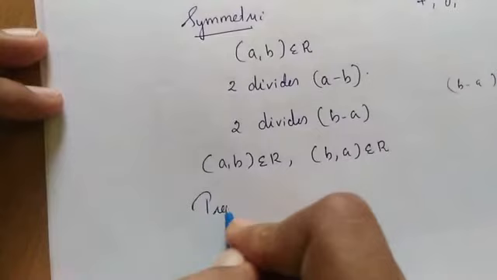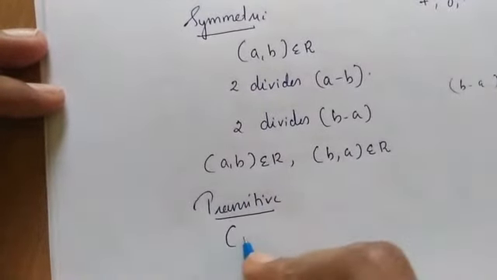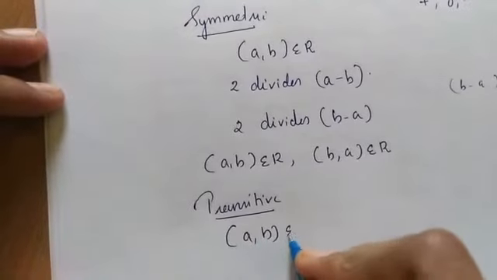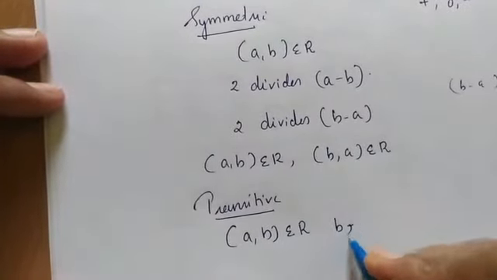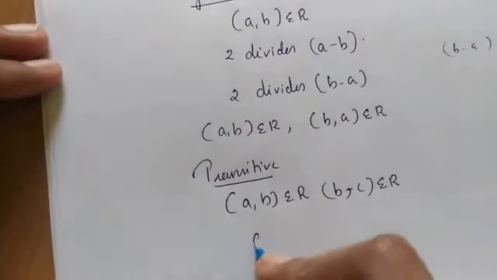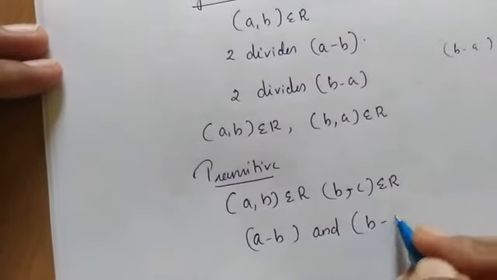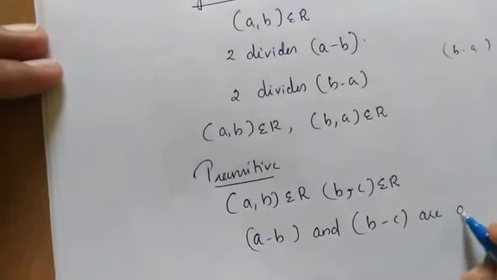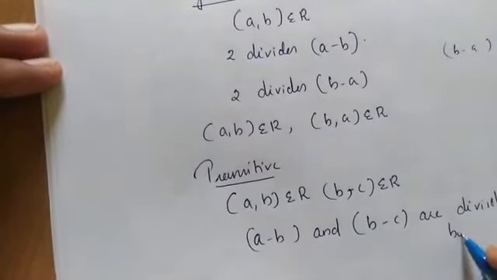Last case is transitive. a comma b element of R, b comma c element of R. Both a minus b and b minus c are divisible by 2.